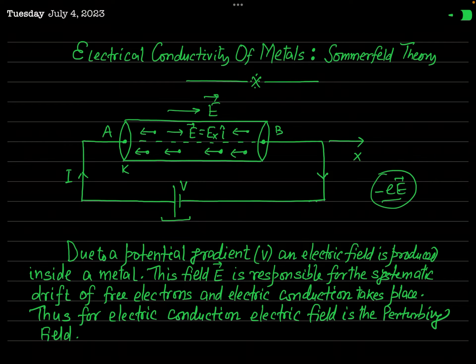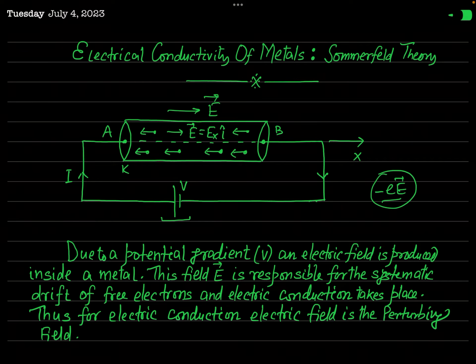Now through any section of this metal, a net flow of charge takes place, and so electric current flows. But in absence of this potential gradient, the motion was random, no net charge was flowing through any section, so the net current was zero. This is the basic concept which you have already learned earlier.